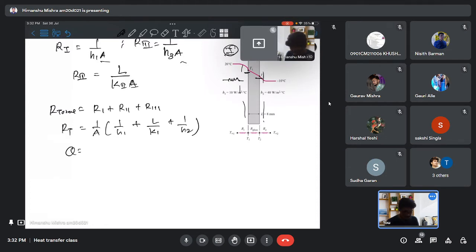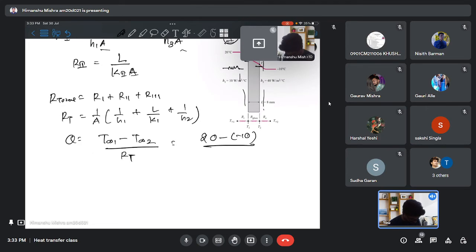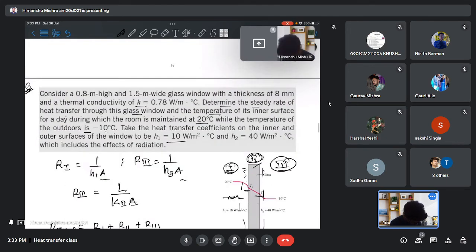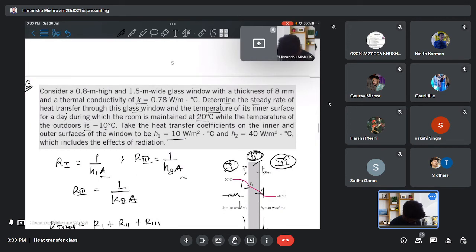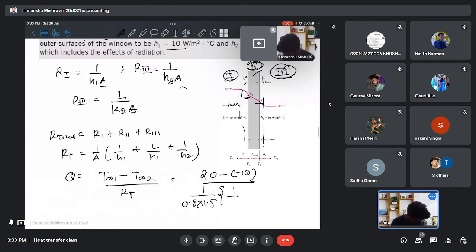And the heat transfer can be defined from, let's say, T infinity 1 to T infinity 2 over my total resistance here. So my value of the total resistance will be 1.5, 10.